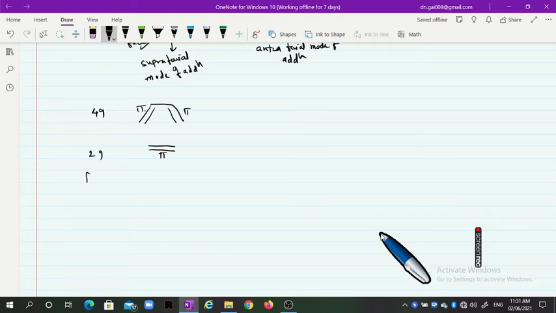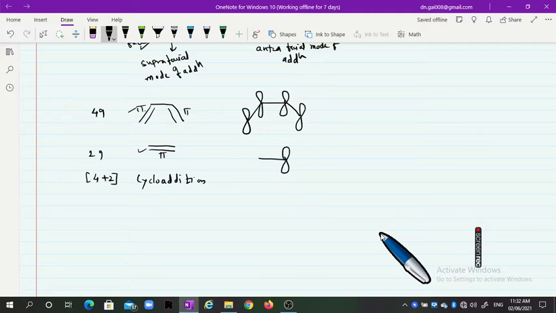Therefore, that type of reaction is a 4 plus 2 cycloaddition reaction, and since different molecules are used, it is an intermolecular cycloaddition reaction. This molecule can be written in the form of orbitals like that, and the second ethylene molecule you can write like that.